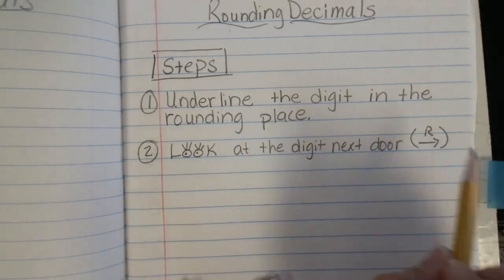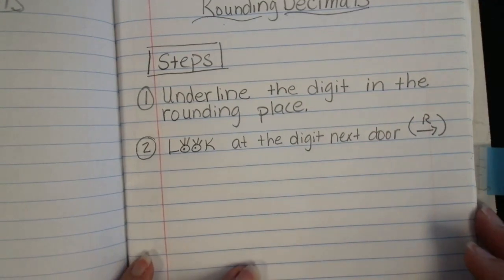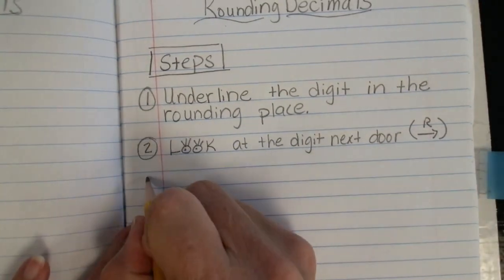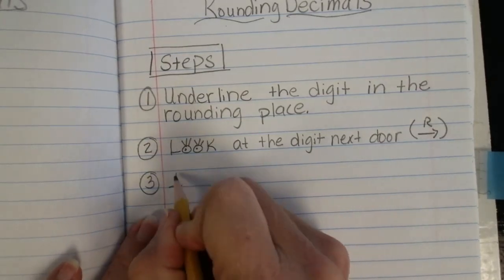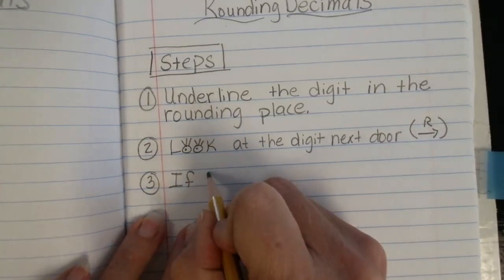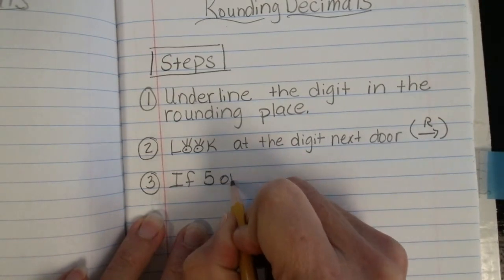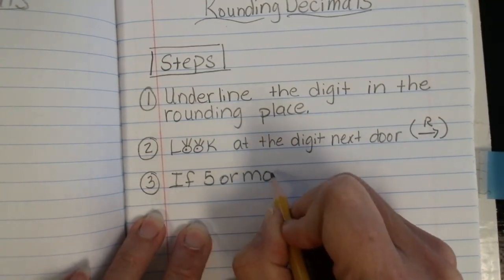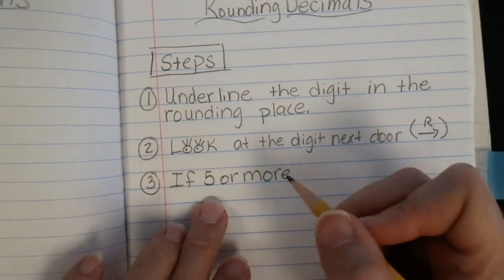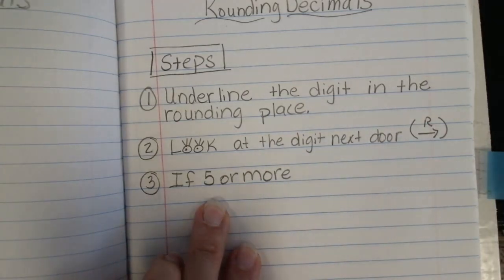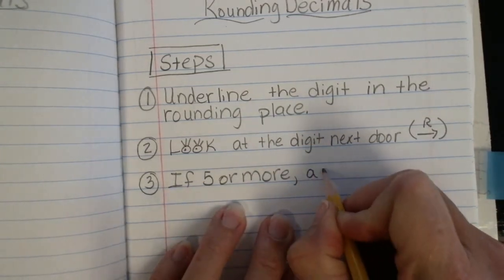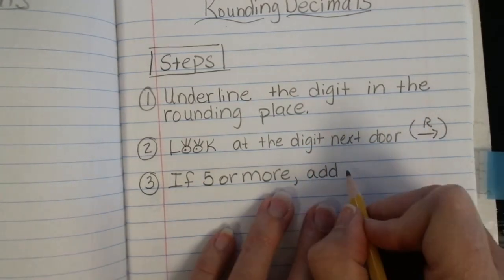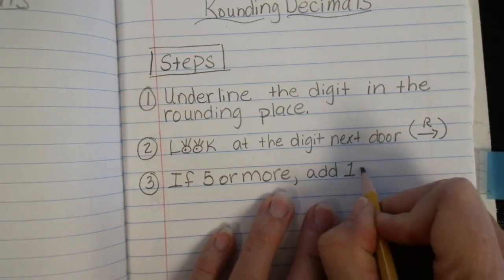You don't look over here, we look over here. Okay? All right. Step 3, if it's 5 or more. So if that digit next door is a 5 or higher, we're going to add one more to that place value we're rounding to. We're going to add one more to it.